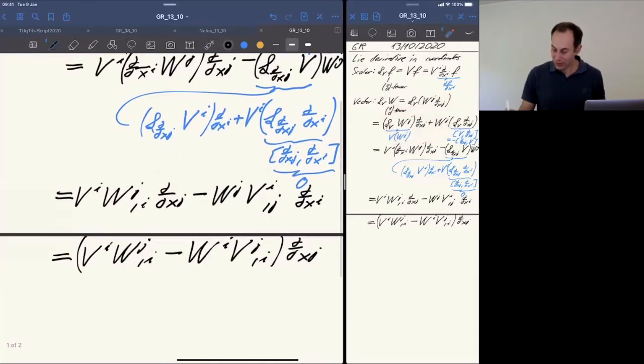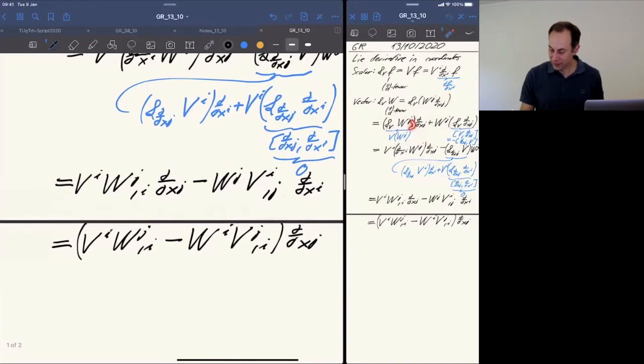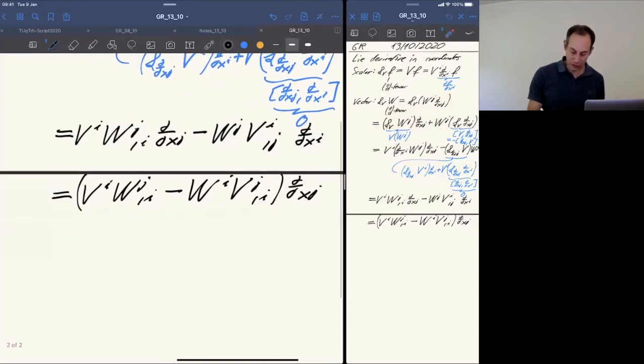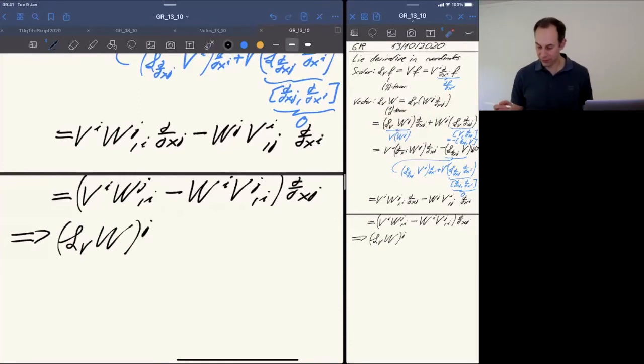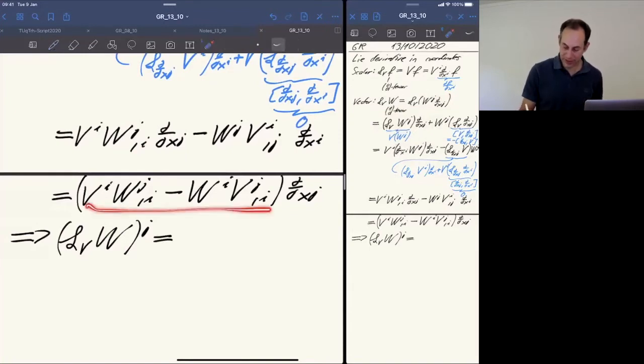So what this means is that this part here, the bracket itself, the thing I underline, is just the jth component of the Lie derivative. So in other words, what we can conclude, this is just another way of writing what we just saw, is that the jth component of the Lie derivative, so this bracket that I had, must be equal to the bracket here.